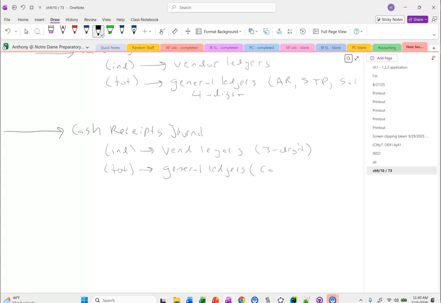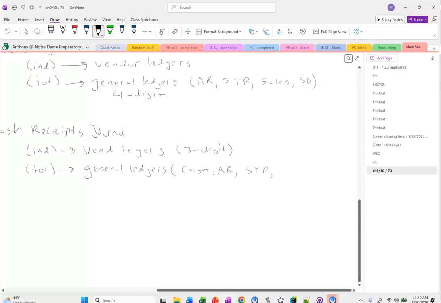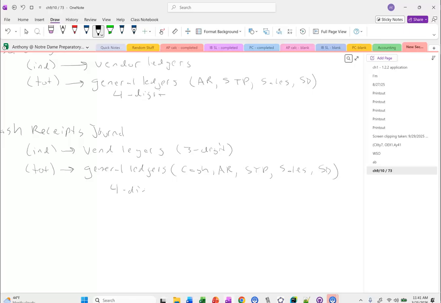Those being cash, accounts receivable, sales tax, sales discount. And again, the general ledgers are typically 4-digit guys.